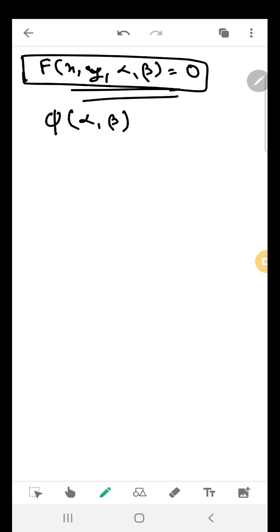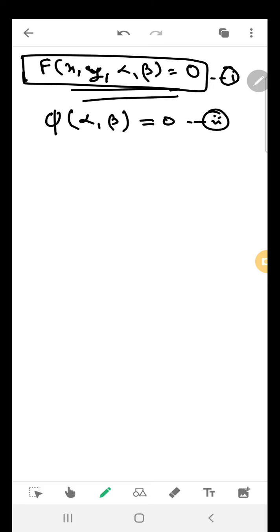Mind that alpha and beta are the parameters. We need to equate this to 0 also. So here you have the first equation, here you have the second equation.